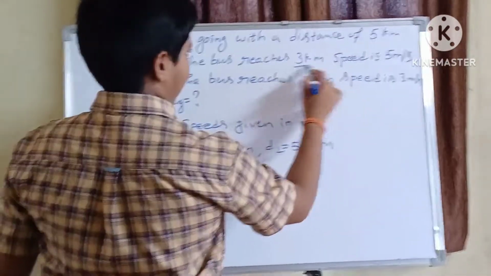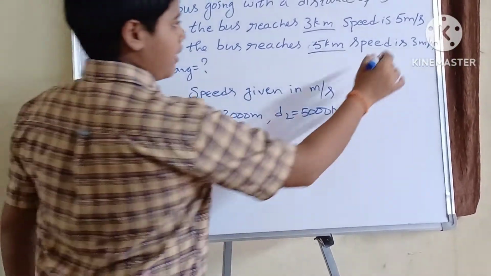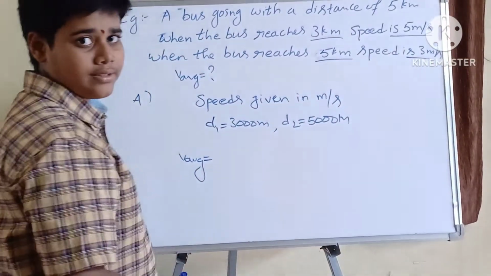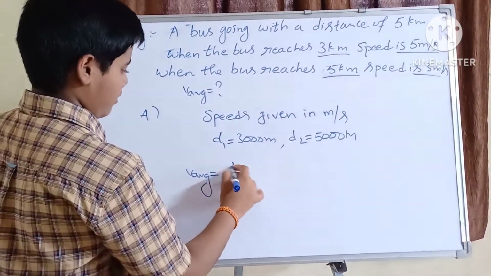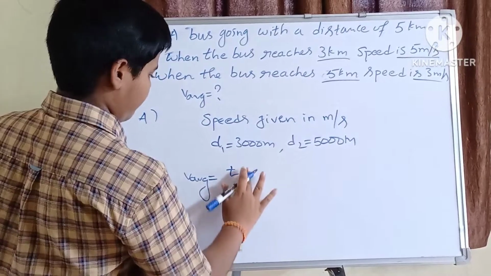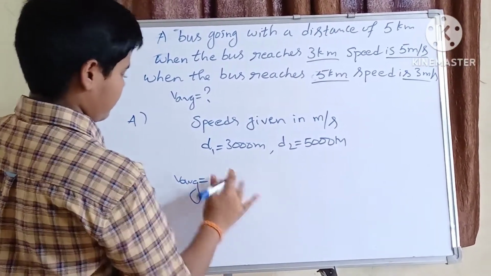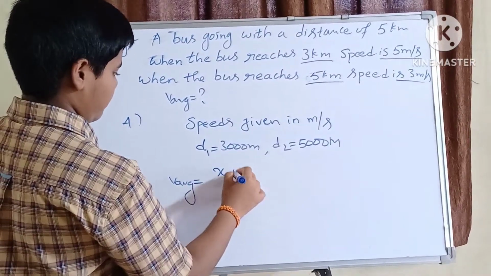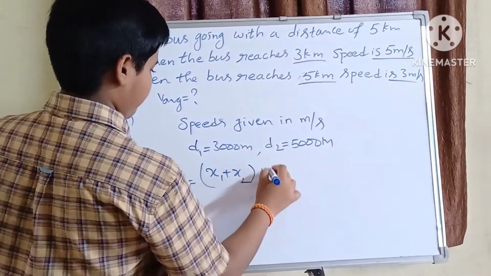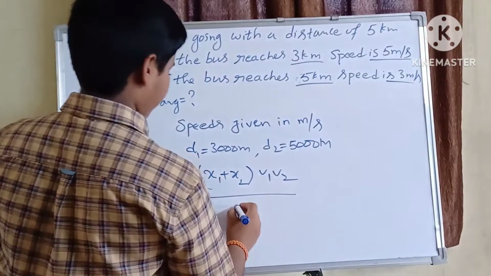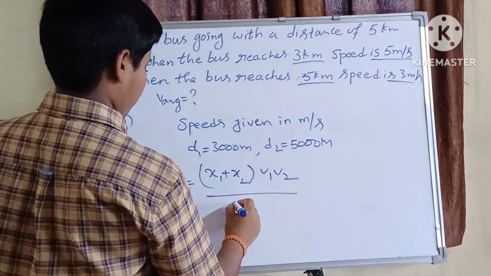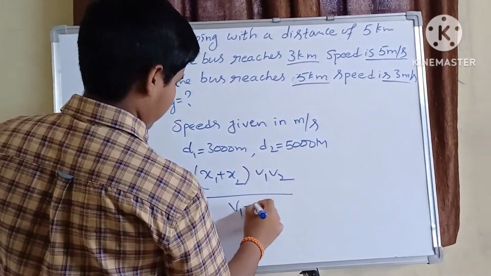They gave unequal distances and unequal speeds, so the formula is x1 plus x2 times V1 V2 by V1 plus V2.